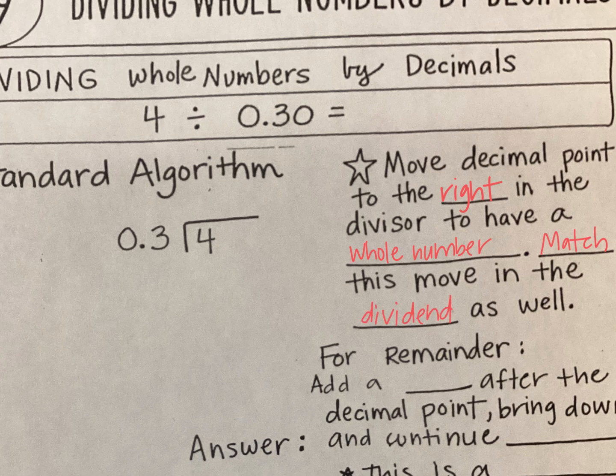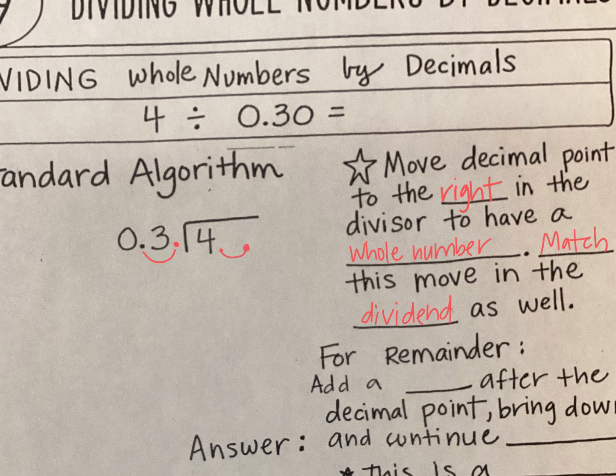So what does that look like? If I have a decimal in the dividend, I start here and move it to the right until my number is a whole number. But if I don't have a decimal to move in the dividend, I start at the end of my whole number here, and then I move it to the right.